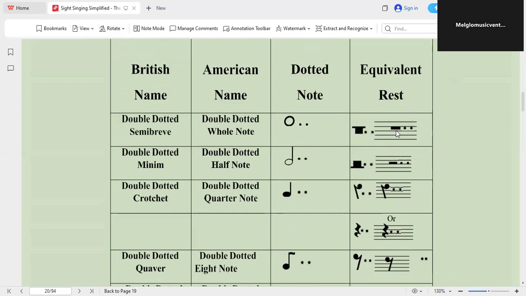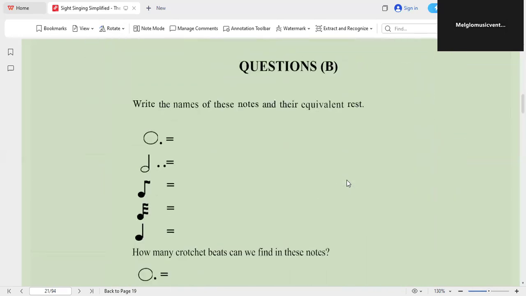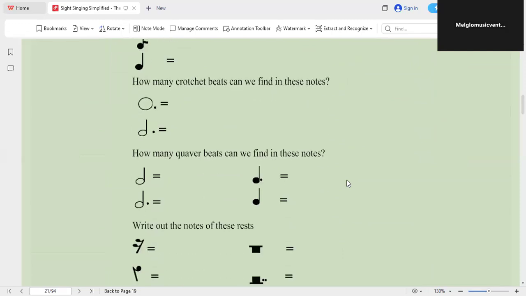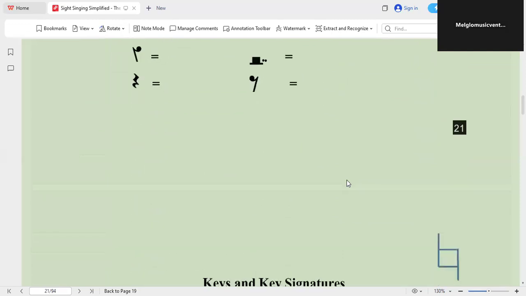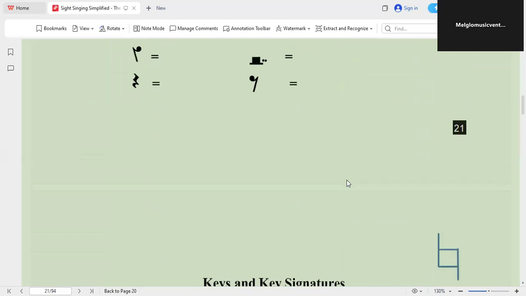But if it doesn't have, you observe what they put. If they put only the rest, you observe it like 4 counts for the semi-brief. If they put 1 dot, that's 6 counts for the rest. If they put double dot, that's 7 counts for the rest. It's the same rule that applies. So you can also go through these questions and paste your answer in the comment section.